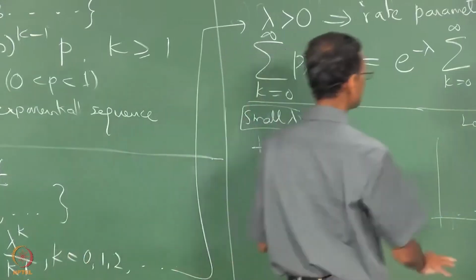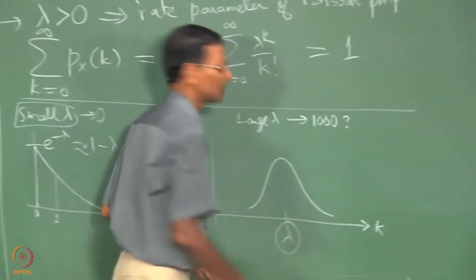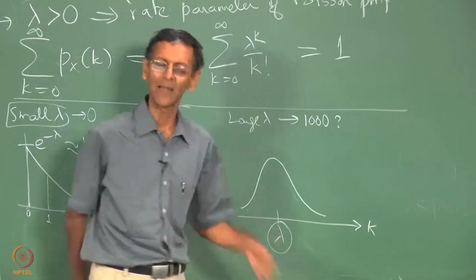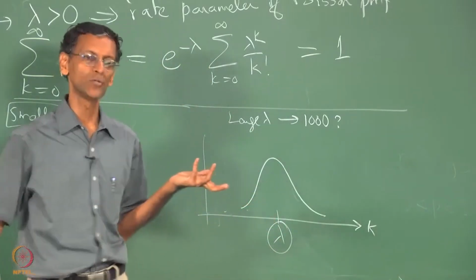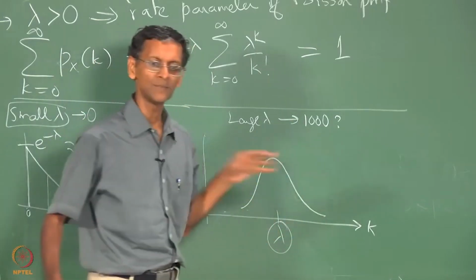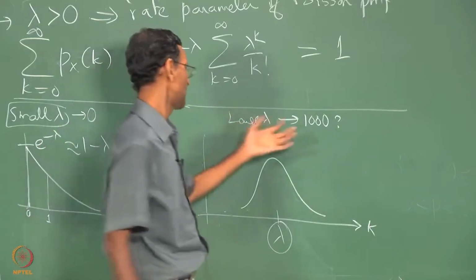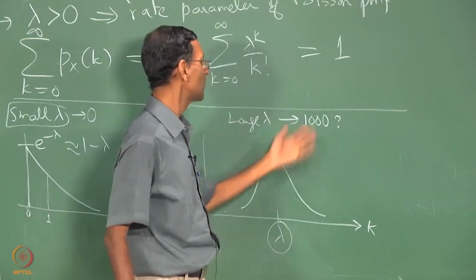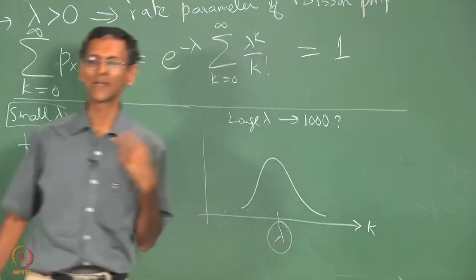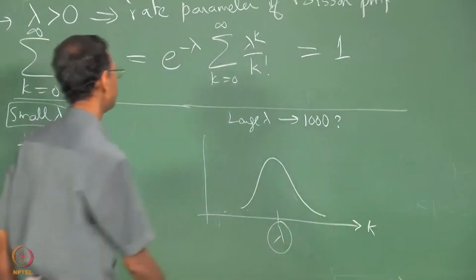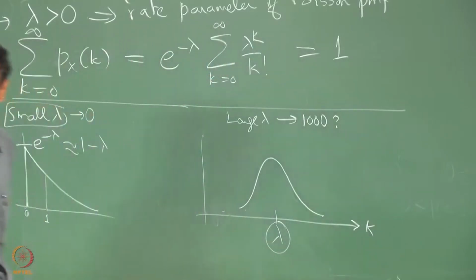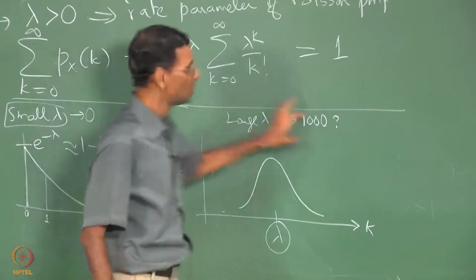So you will only get significant probabilities around k equal to lambda, and for the sake of argument you can say lambda is an integer. You can ask, what happens if lambda is 1000? Surely you will get k equal to 1000 here. This is how the PMF transforms from small to large.